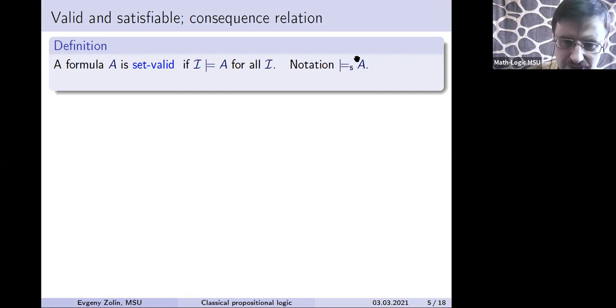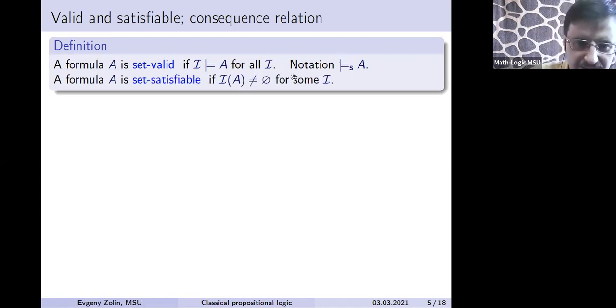So here we have a new notion of validity, and our question will be how this new notion of validity is related to our previous notion of validity. Again, a formula is satisfiable in set semantics, or set satisfiable, if it is non-empty for some interpretation I. So here, the value of A is the whole set W, and here the value of A is non-empty.